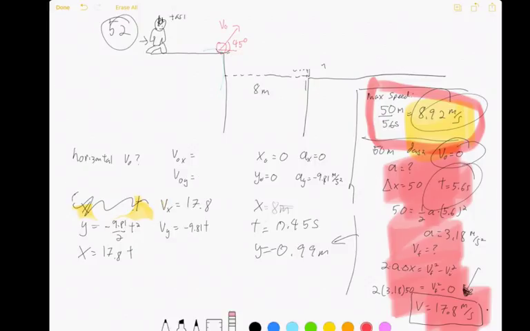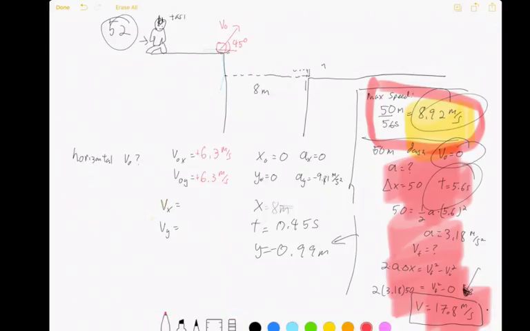Velocity in the x direction is going to be 8.92 times cosine 45. So this number is going to now be 6.3 meters per second, and this number is going to be 6.3 meters per second, both in the positive direction. This changes some of these equations a little bit.